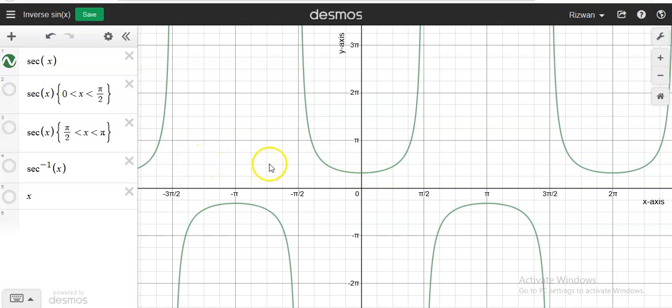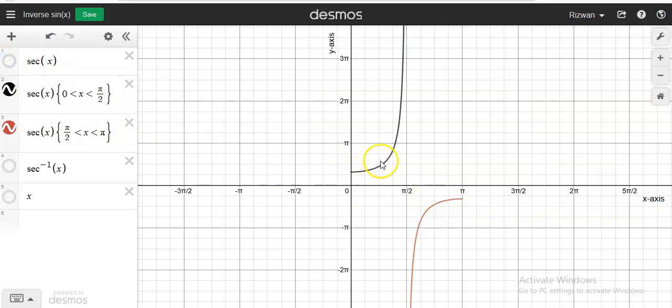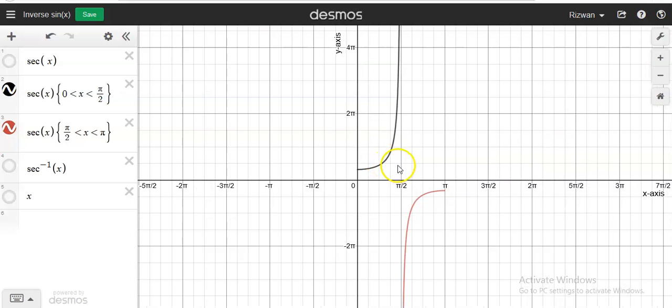So in order to get the principal secant x, we plot. You can see that this black line and this red line is the principal secant x, and minus pi by 2 is not included because here it is undefined.